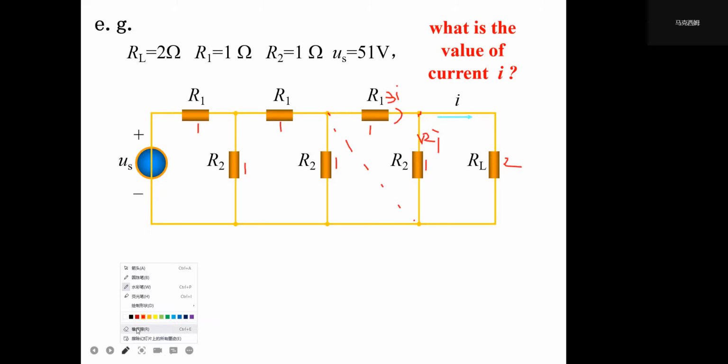The voltage between this node and this node must be 3I times 1 ohm plus 2 ohm times I, which is 5I.